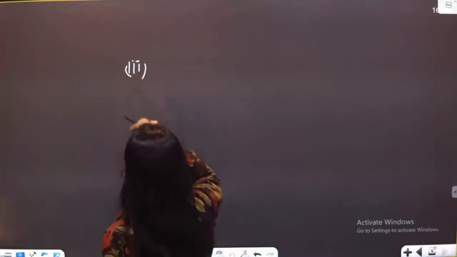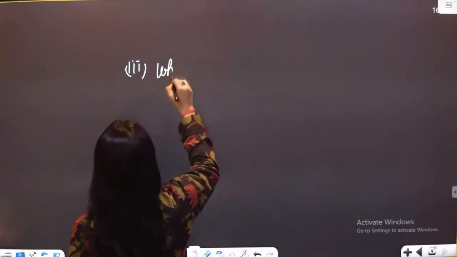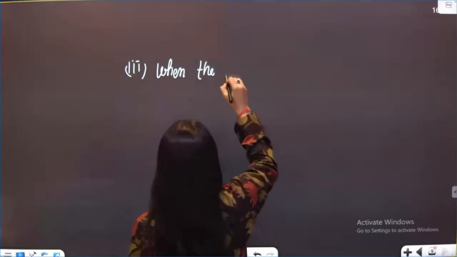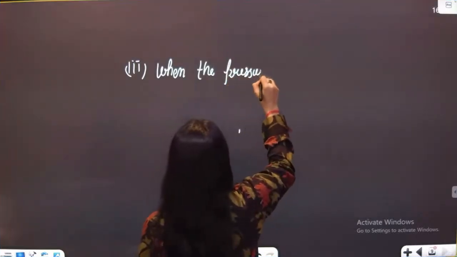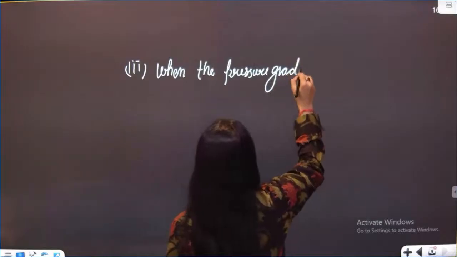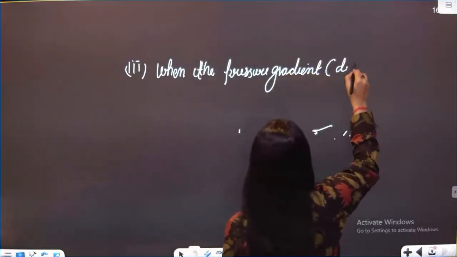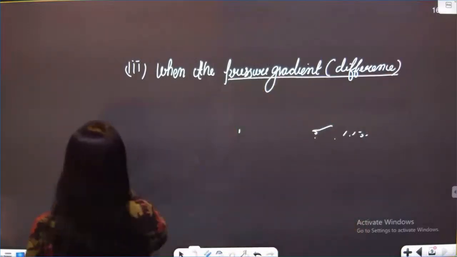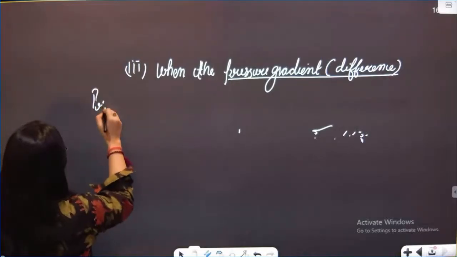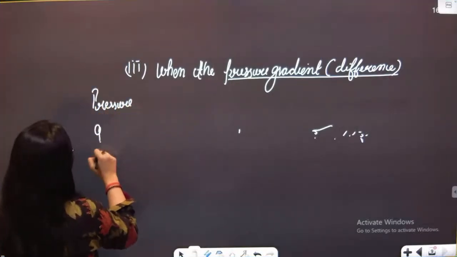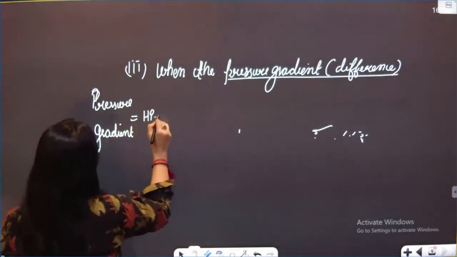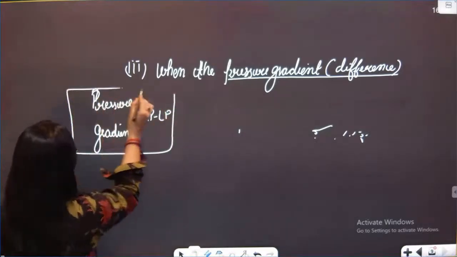Next point. Third point. When the pressure gradient is high. Gradients means difference. Bracket में write down different. Or if you want to explain this part, you can write down pressure gradient is high pressure minus low pressure and put it in a box.